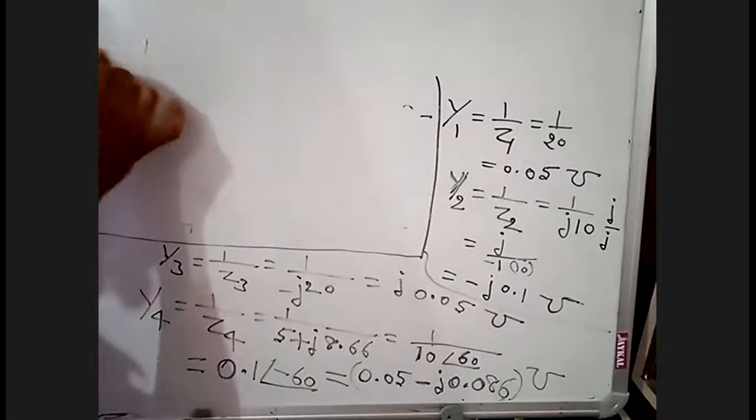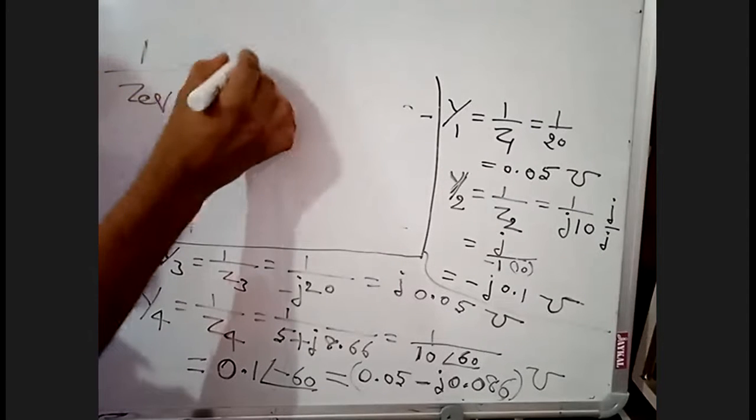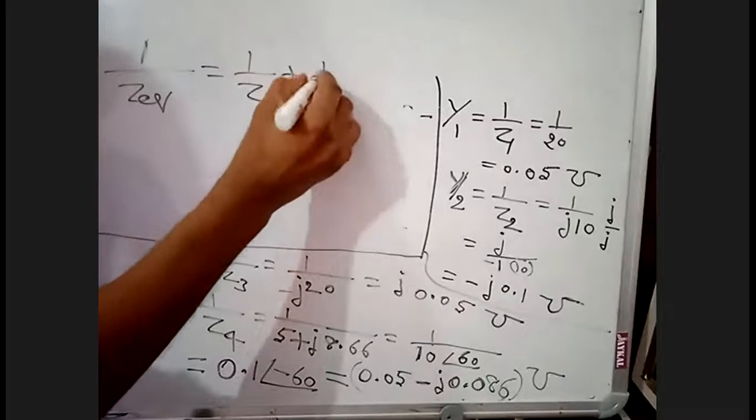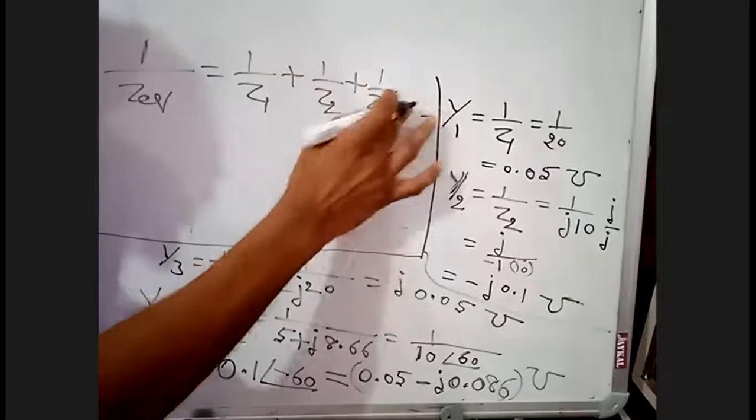Now, what is the total equivalent impedance of this circuit? Z equivalent is equal to 1 by Z1, 1 by Z2, 1 by Z3. How many branches?